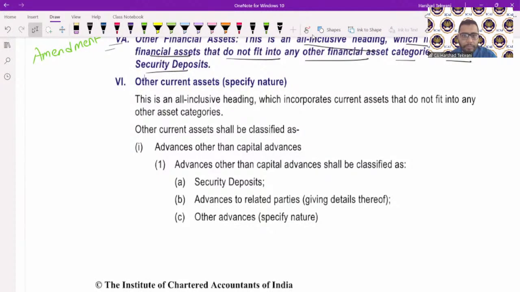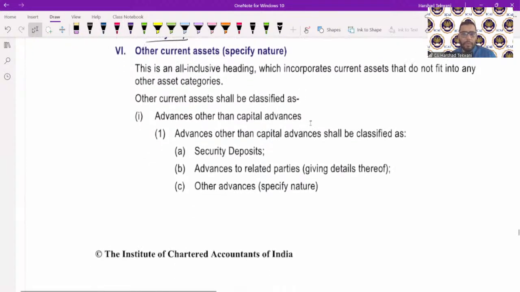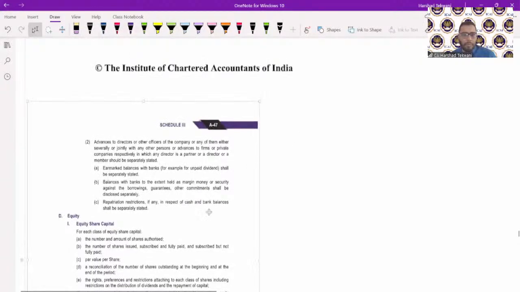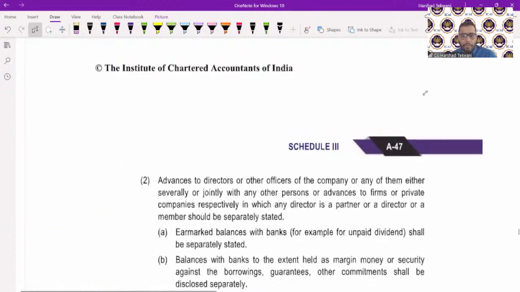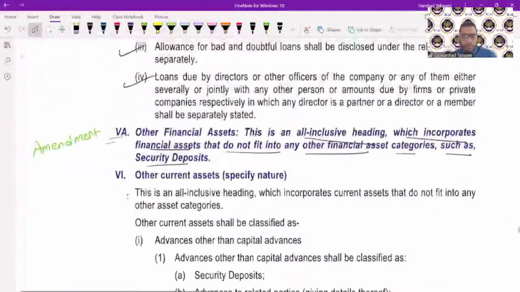It's an all-inclusive sort of heading, which incorporates current assets that do not fit into any other category.